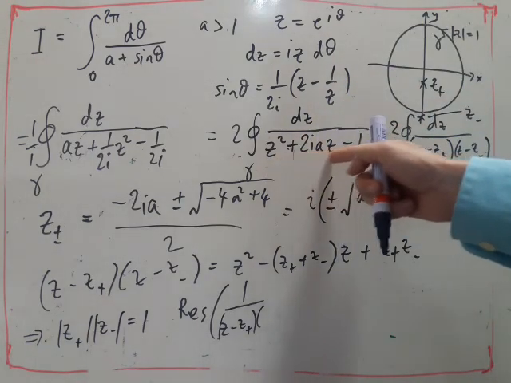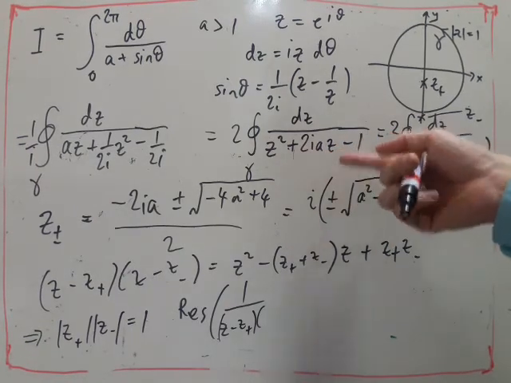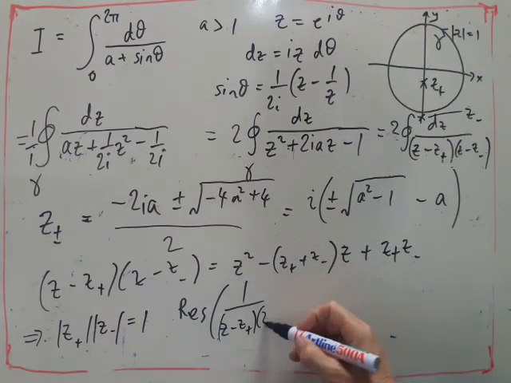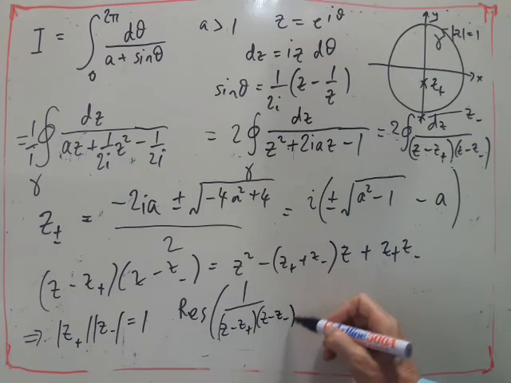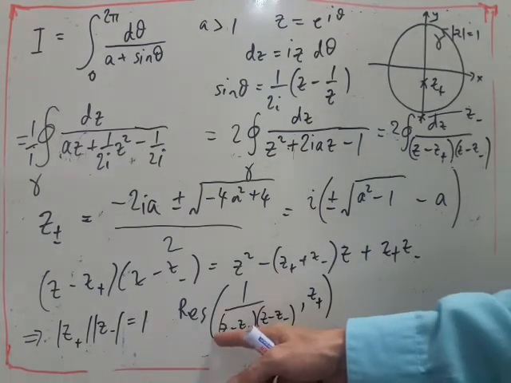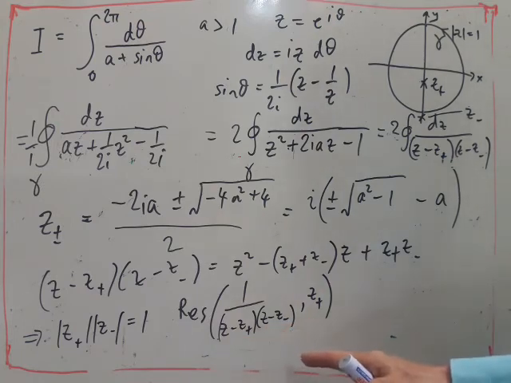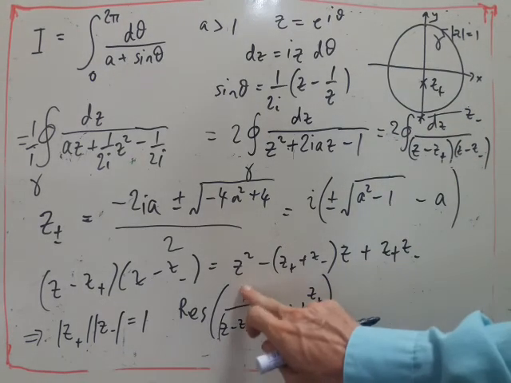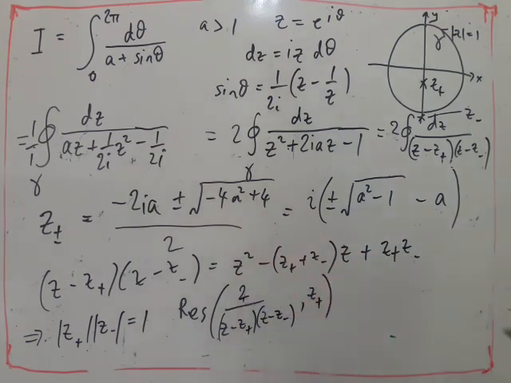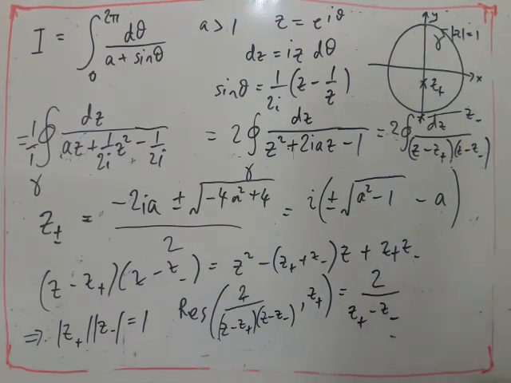Just because if you differentiate this, you'll get 2z plus 2ia. Anyway, you can use either method. So we're evaluating at z plus, so that means we multiply by z minus z plus, we get rid of this, and that just leaves us with, sorry, I've got a factor of 2 here, 2 over z plus minus z minus.